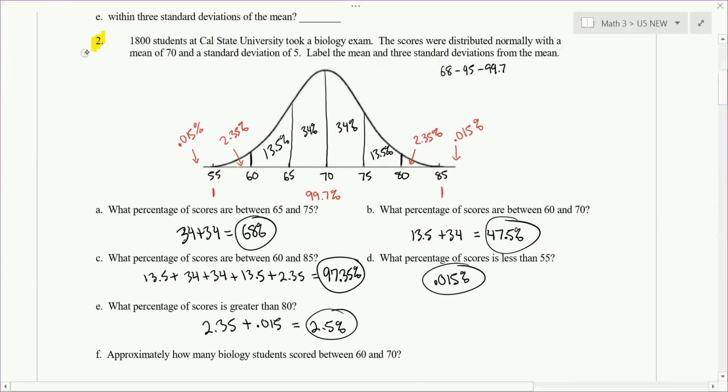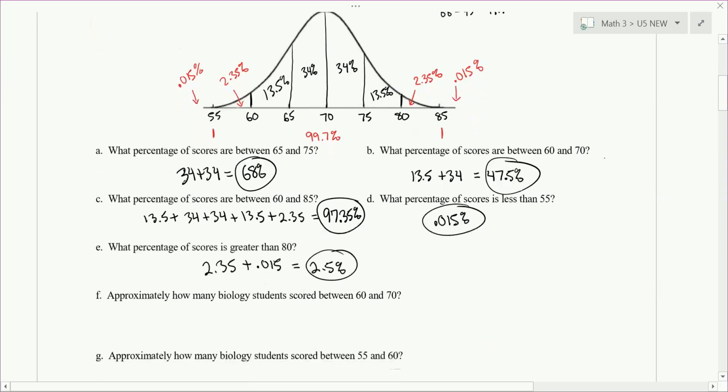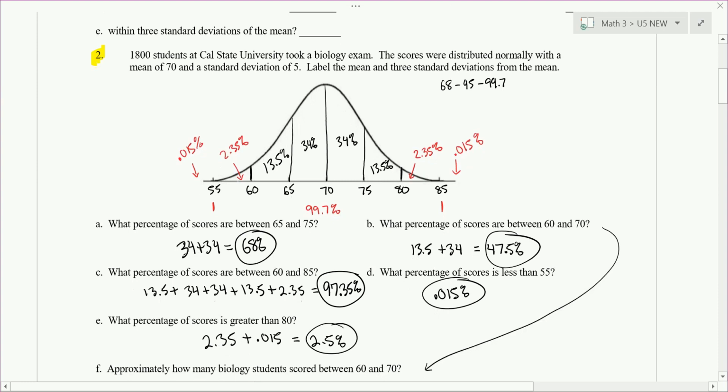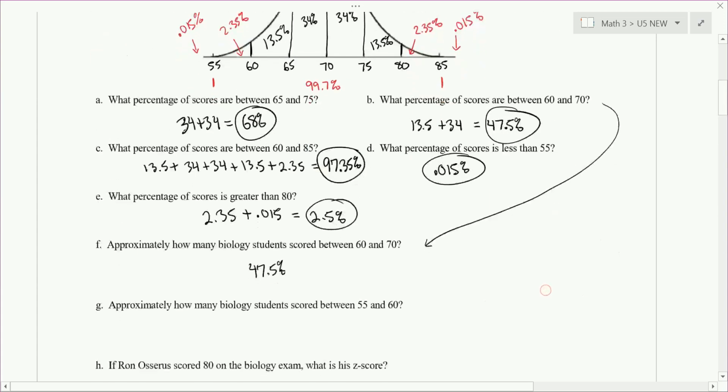Next, we're asked approximately how many biology students scored between 60 and 70. Well, if we look at part B, we have 47.5% of the students scored between 60 and 70. And if we look at our problem, there are 1,800 students that took the biology exam.